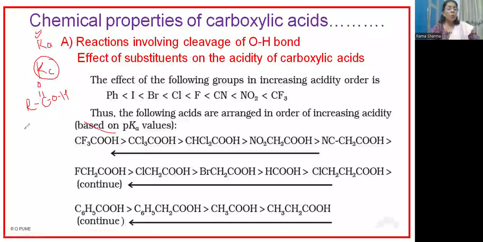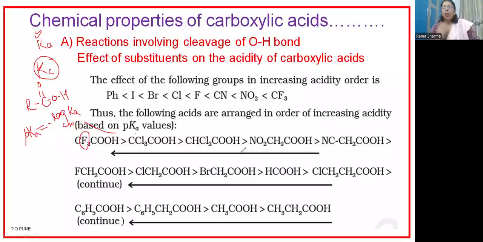And pKa is the minus log to the base 10 of Ka values. pKa values are given in the NCERT for different acids.